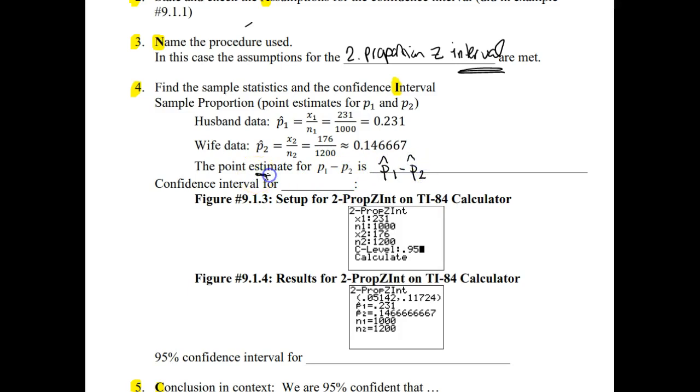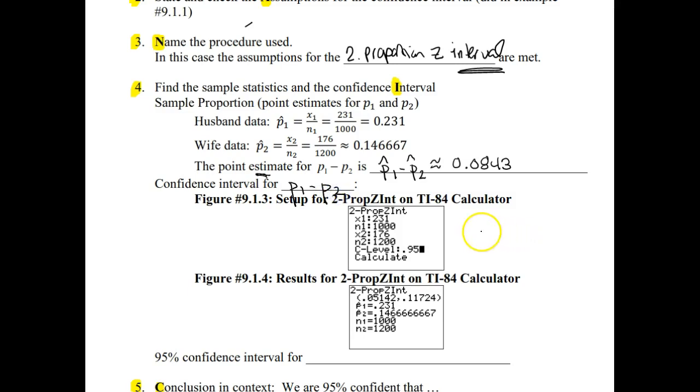And again, it's an estimate. We know it's not going to be exactly this value. But if we subtract those two values, we get 0.0843.